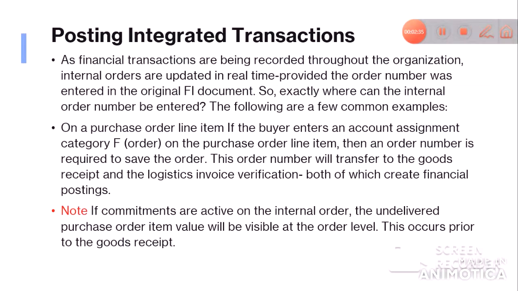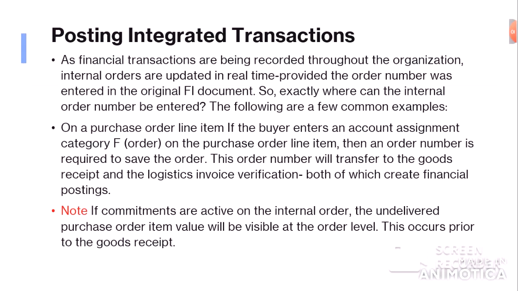So posting integrated transactions. As financial transactions are being recorded throughout the organization, internal orders are updated in real time, provided the order number was entered in the original FI document. So exactly where can the internal order be entered? The following are a few common examples.